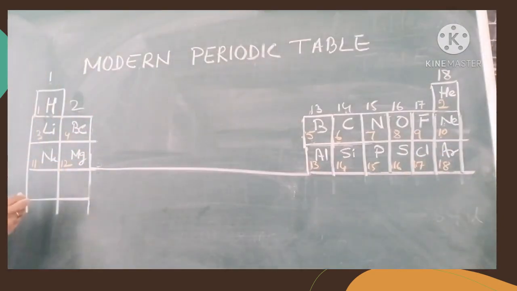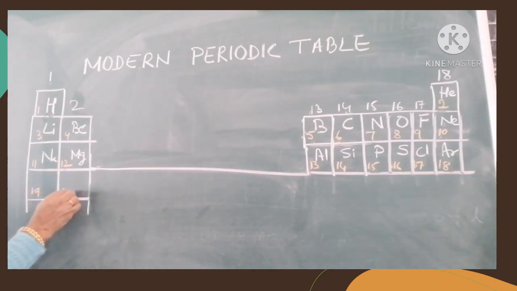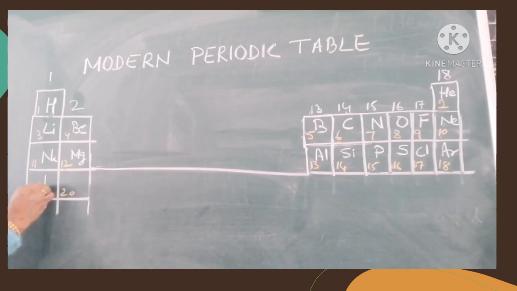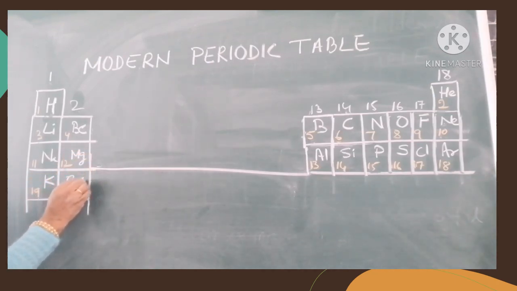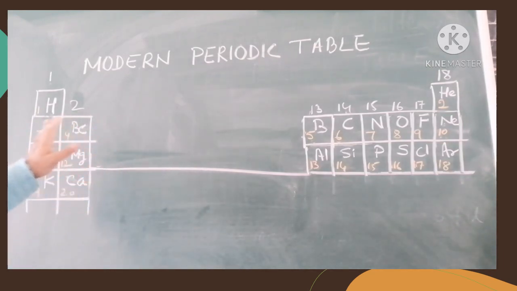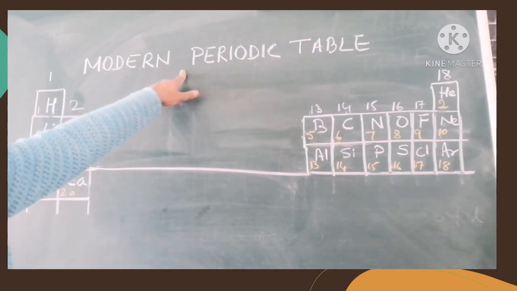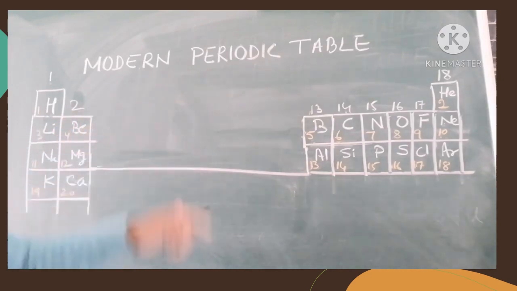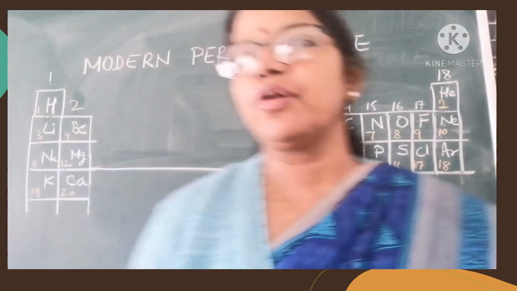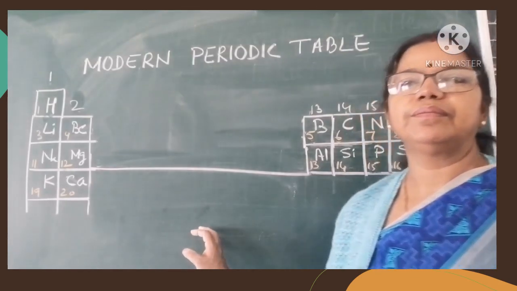What I told you, we have to learn for the first 20 elements. So 19, 20. 19 is potassium and 20 is calcium. So in this way, we can fill the 20 elements in the modern periodic table in the increasing order of their atomic numbers.